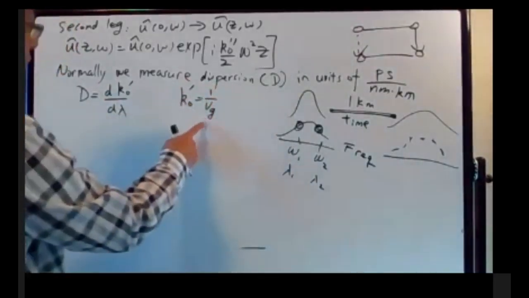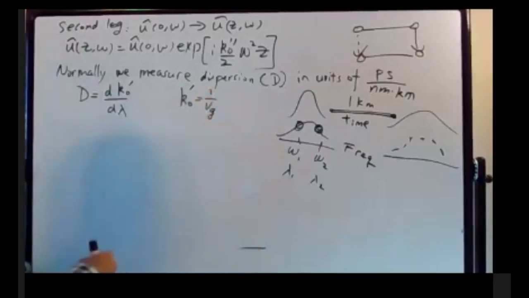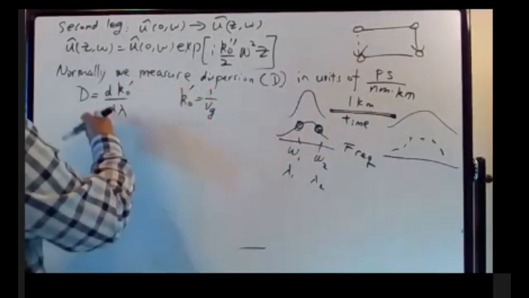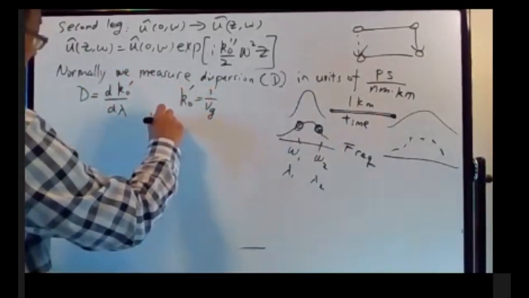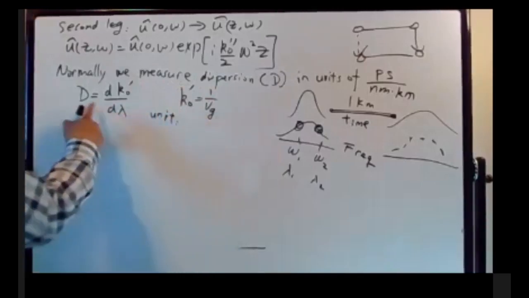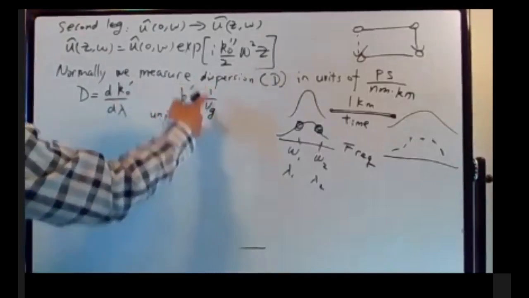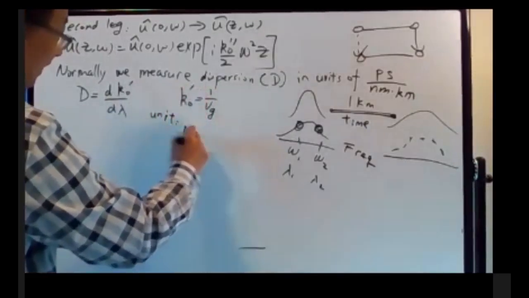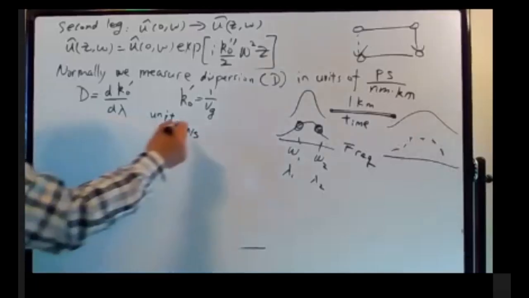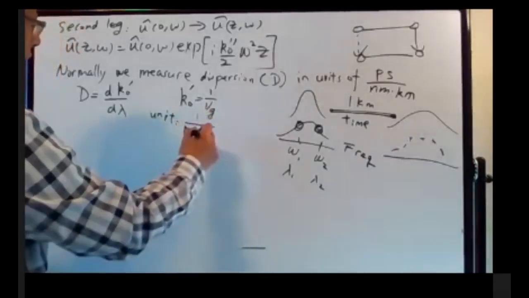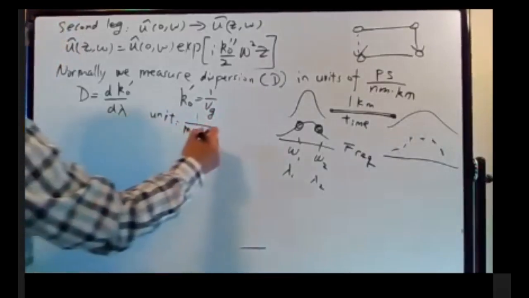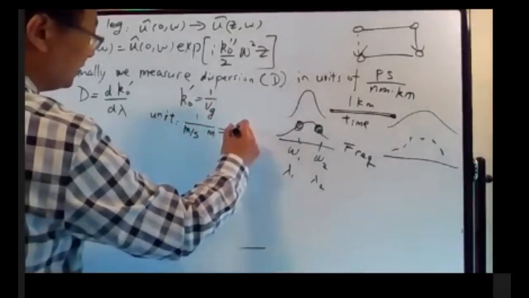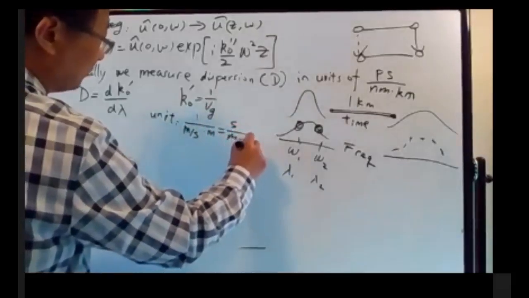So if we look at the unit, D is 1 over group velocity. Group velocity is meter over second, right? d lambda is in meters. So overall, it is second over meter times meter.